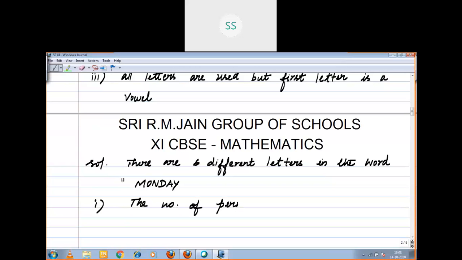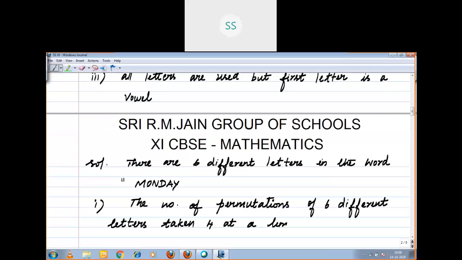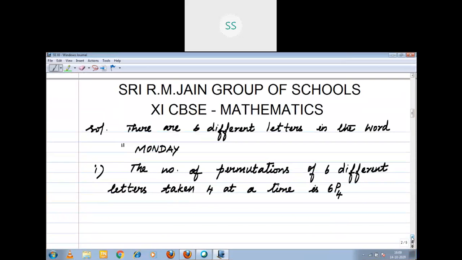So, the number of permutations of 6 different letters, in general you can say objects, right, 6 different letters taken 4 at a time is 6P4.